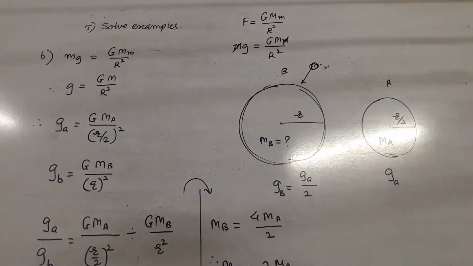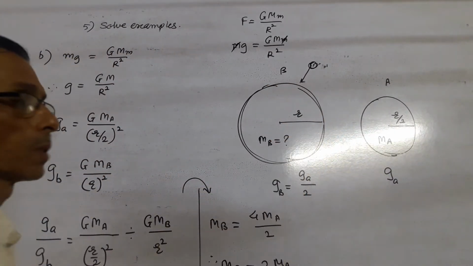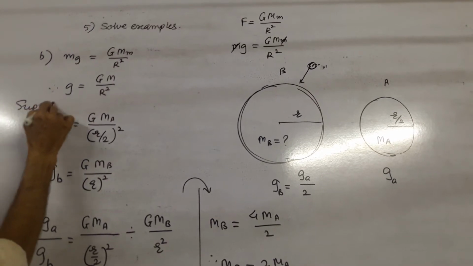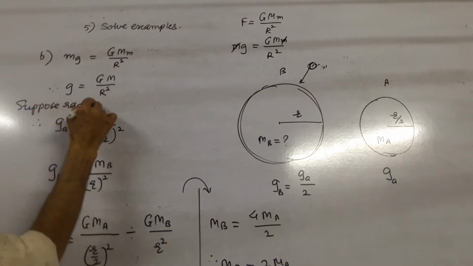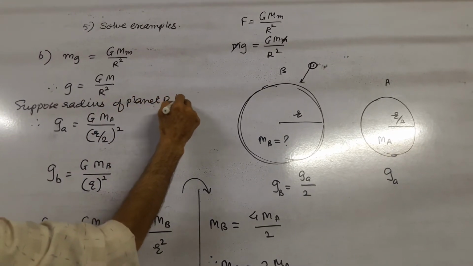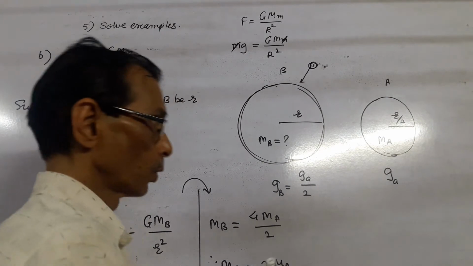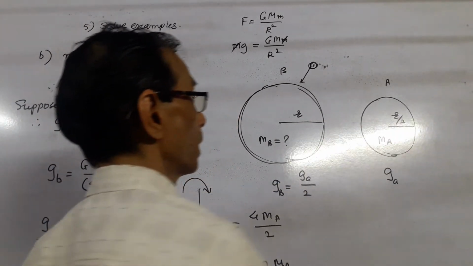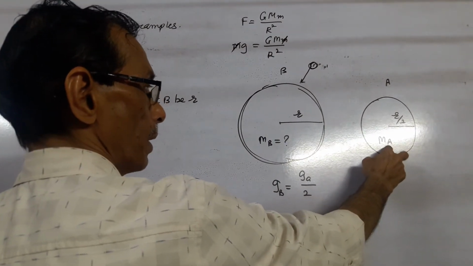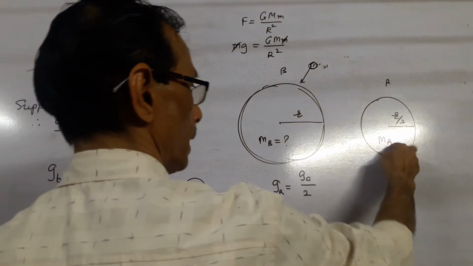Now it is given that the radius of planet A is half the radius of planet B. So let us suppose the radius of planet B is R. If the radius of planet B is R, then A is R upon 2, because the radius of A is half the radius of B. Now suppose the mass of planet A is Ma, it is given, and we have to find the mass of planet B in terms of the mass of planet A.